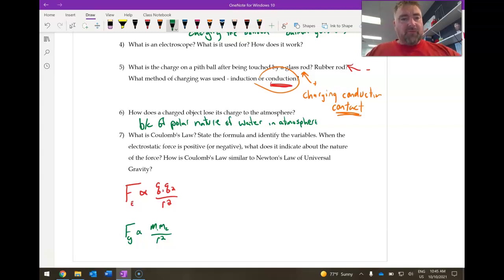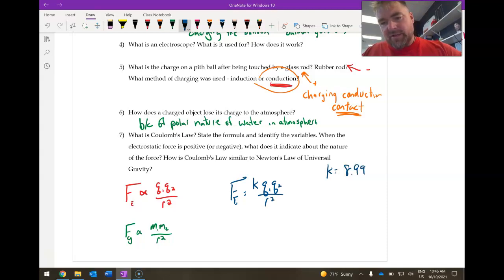Okay. Formula-wise, we have to put in an actual constant there. So for the force F sub E, we have to use the electrostatic constant K in order to make this an actual real formula. And that K is the electrostatic constant of 8.99 times 10 to the 9th newton meters squared over coulomb squared. Okay.